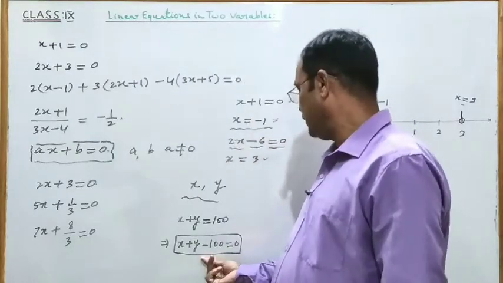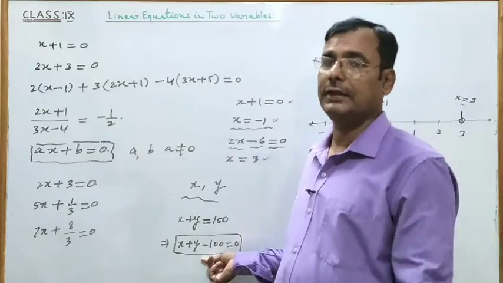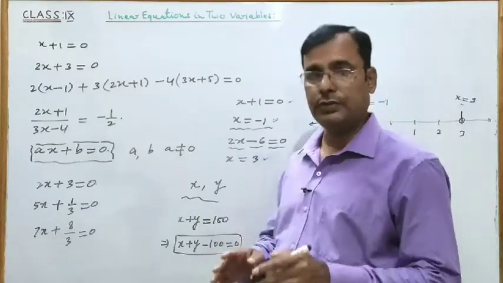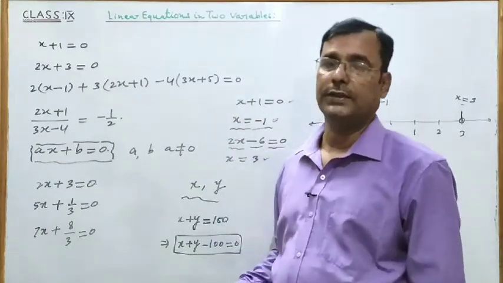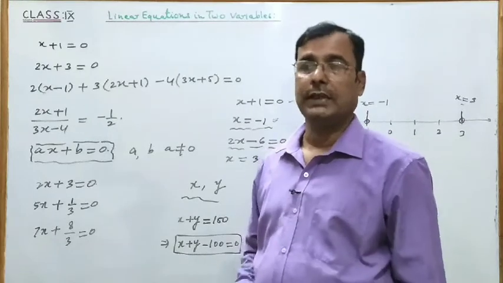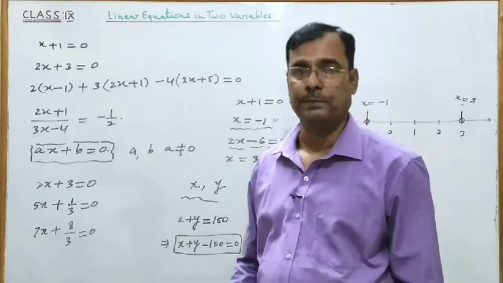This is the equation which represents the information in the given situation, where two children contributed a total of rupees 100 towards a relief fund, and the contribution of neither child is known.